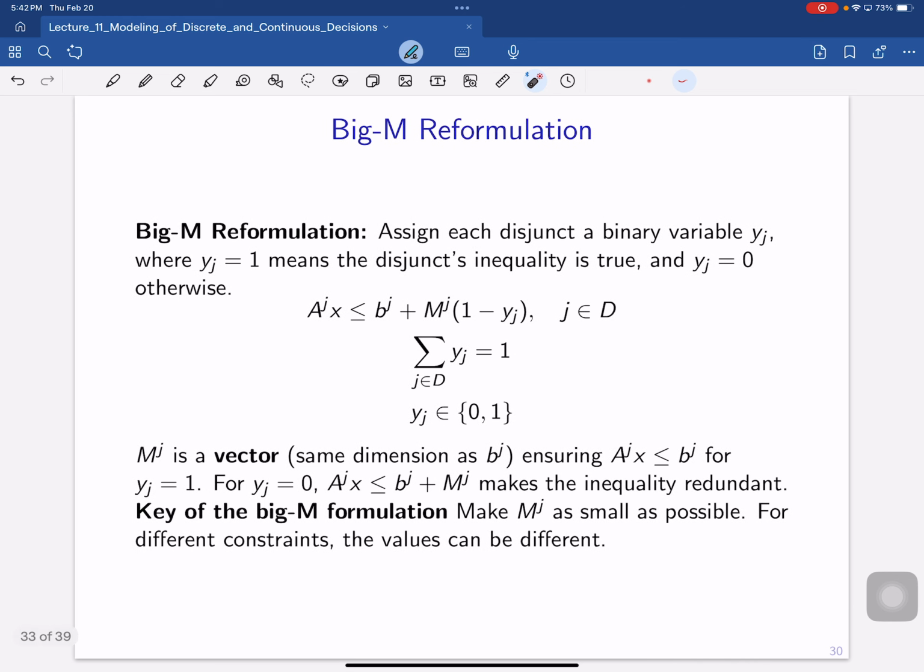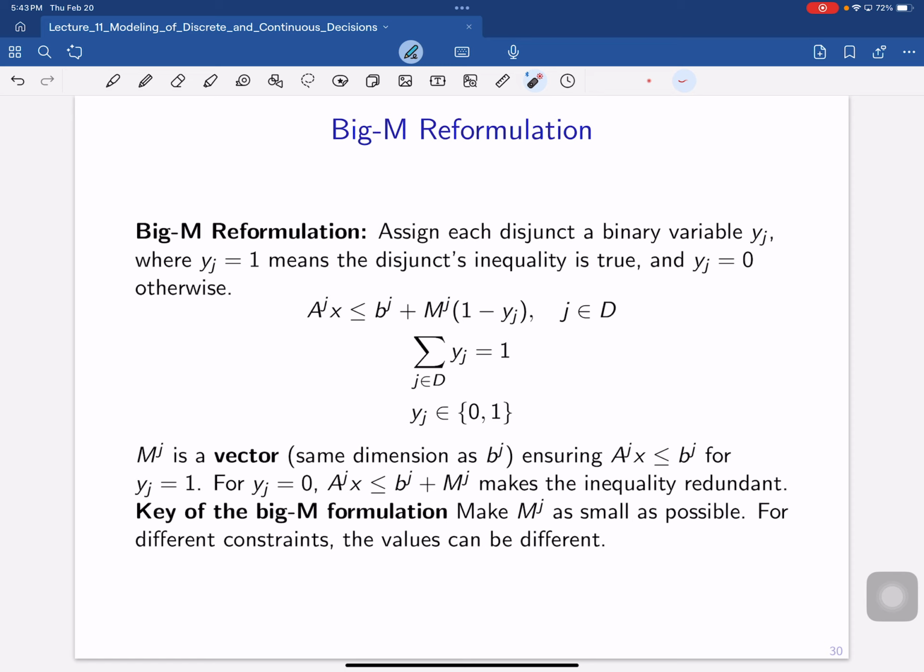If a binary variable yj is equal to 1, that means x is in the j-th polyhedral set, and yj is equal to 0 otherwise. So the summation of all the yj equals 1. That means you are choosing one disjunct from in total, let's assume, d disjuncts. Only one of the yj is chosen.